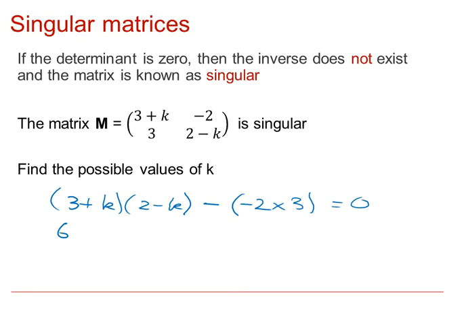This leads us to 6 minus k squared. And again, being very careful with the signs, plus 6 equal to 0.